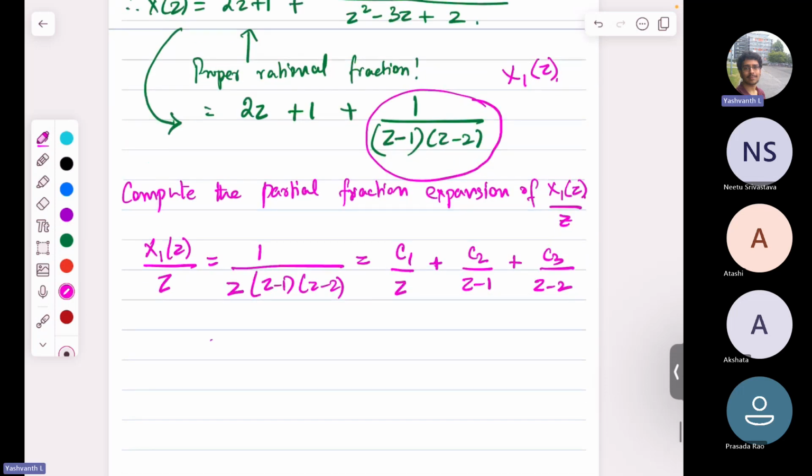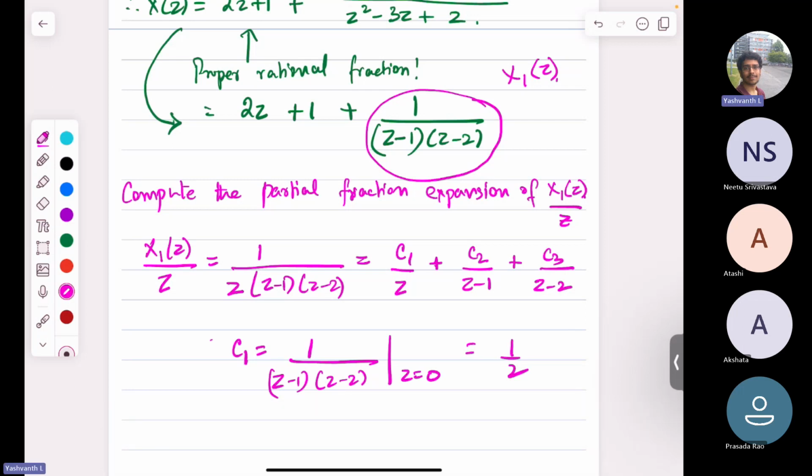All 3 poles, equal to 0, 1 and 2, are simple poles. So c1 is 1 by z minus 1 into z minus 2 at z equal to 0, which is half.